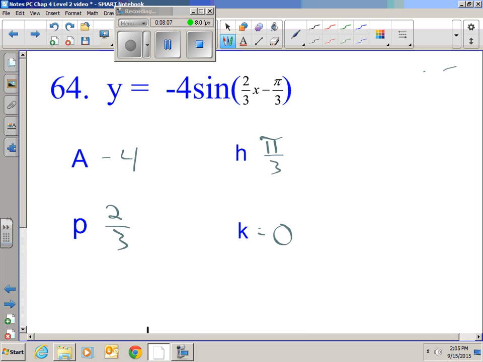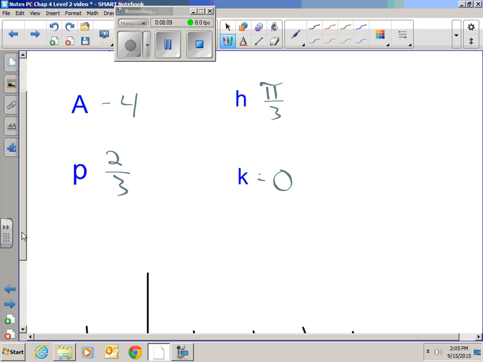Okay, so right away I now know my period is going to be 2 pi divided by 2/3, which is now equal to 2 pi over 1 times the reciprocal of 2/3, 3/2. So it looks like I have 6 pi over 2, or I can cancel that, and I have 3 pi. My period is 3 pi.